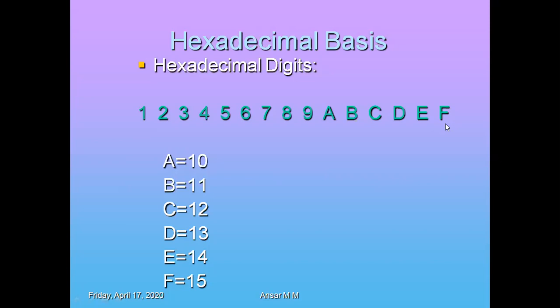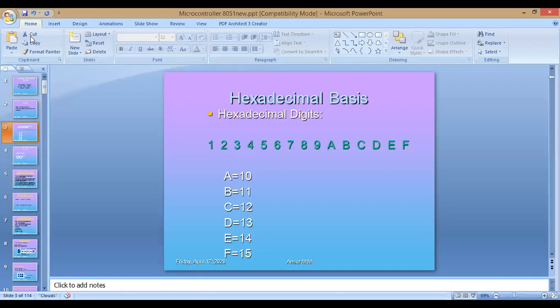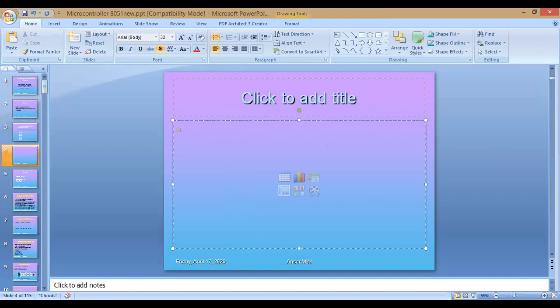Why are we focusing on these 16 digits? Suppose you represent the decimal number 1. This decimal number will be represented in binary like this: 0, 0, 0, 0, that is the four zeros of the upper nibble, and 0, 0, 0, 1.